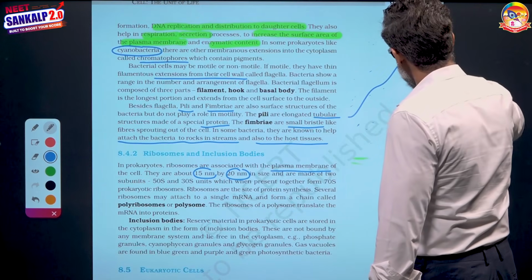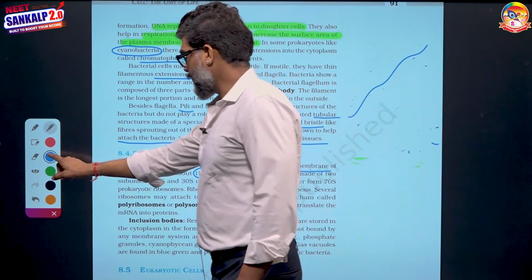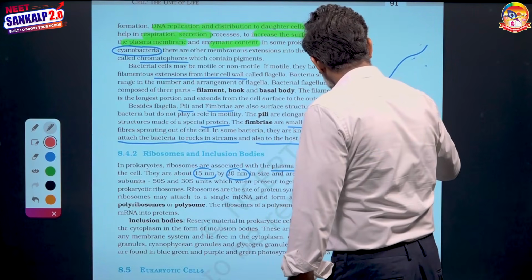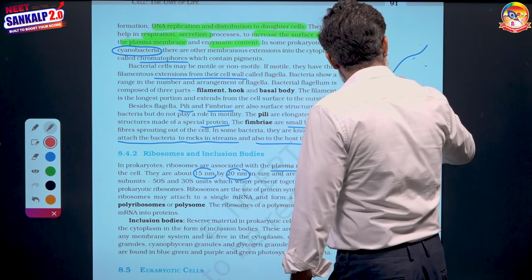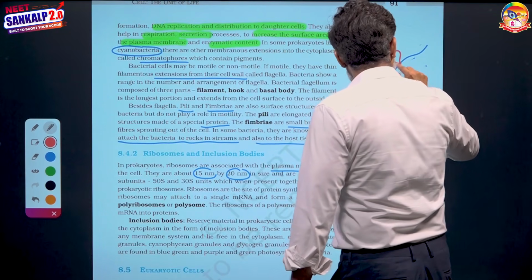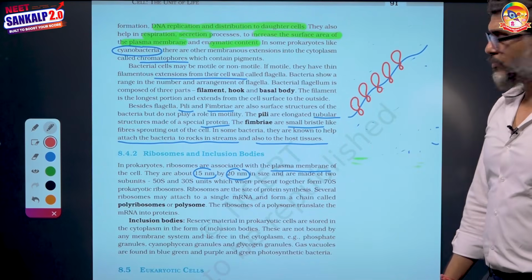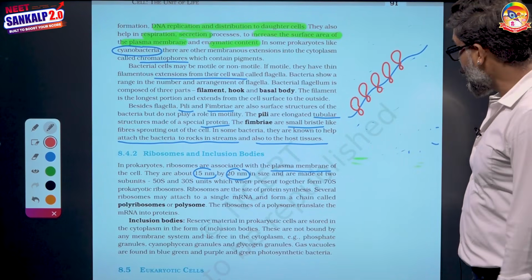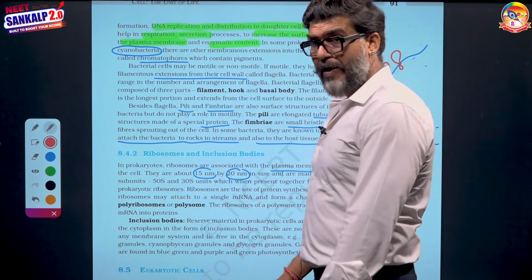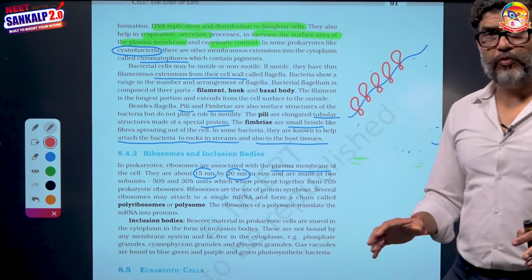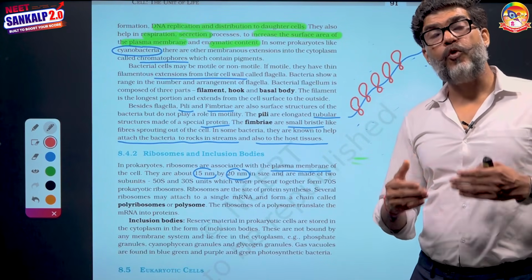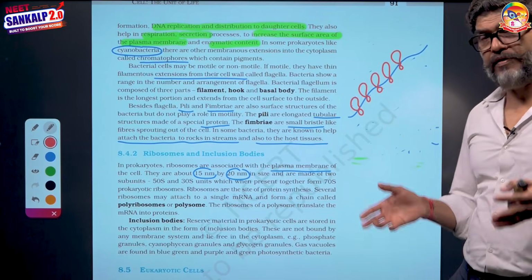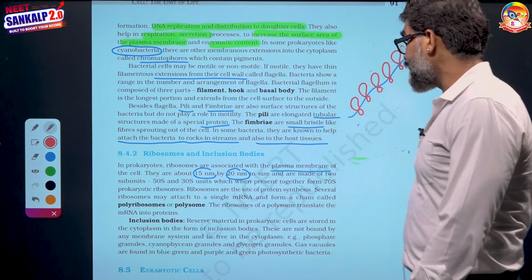Suppose this is messenger RNA upon which there is one ribosome, another ribosome, one more ribosome, one more ribosome, one more ribosome. This structure is known as polysome or polyribosome. So remember, the purpose of polysome formation is to produce multiple copies of an identical protein. For this purpose it is in the cell.